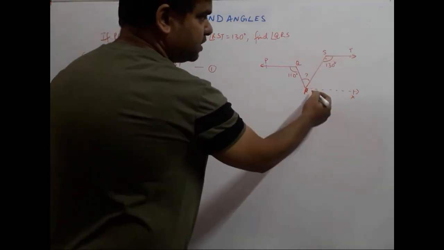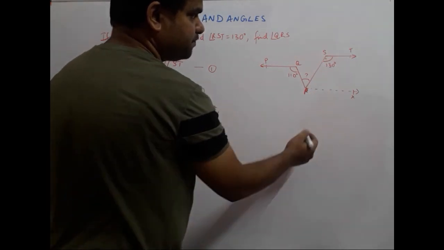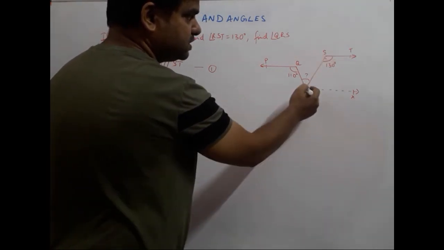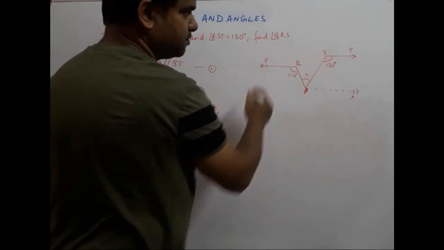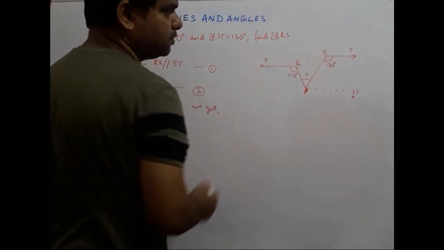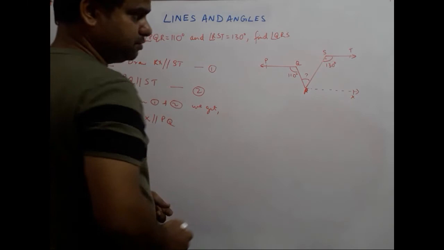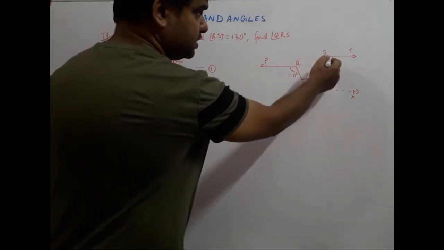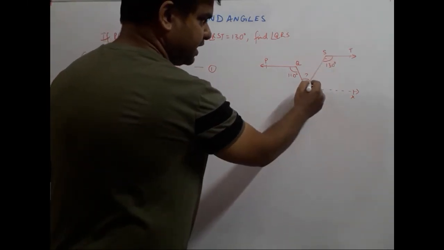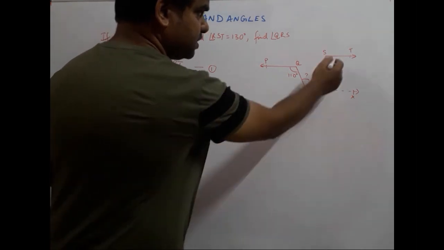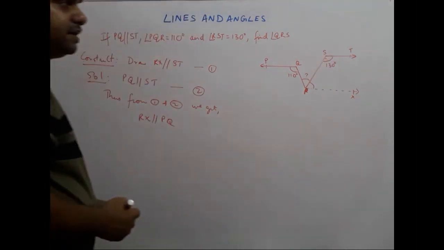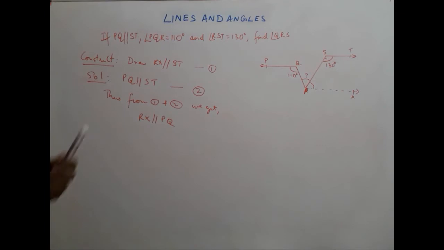Now since these two lines are parallel, and this forms a transversal between them, we assume that this is continuing over here and this also continues over here. Then this and this particular angle form internal angles, and internal angles we know are supplementary to each other.